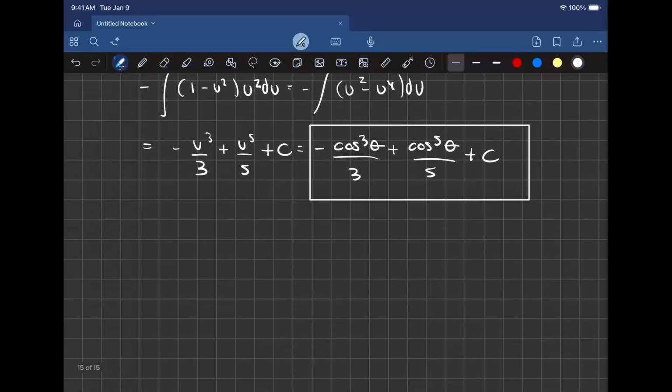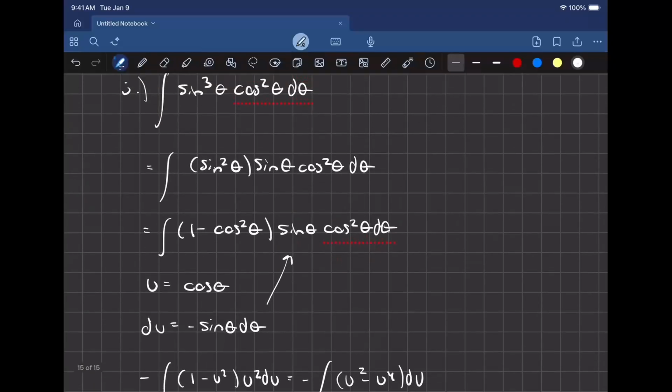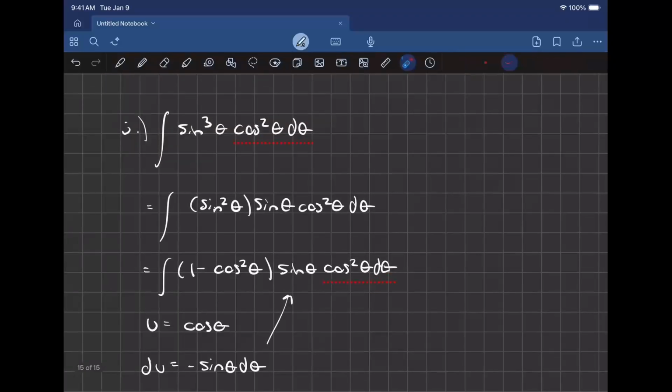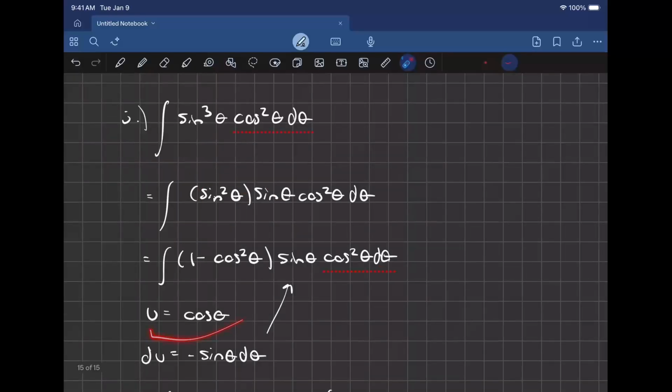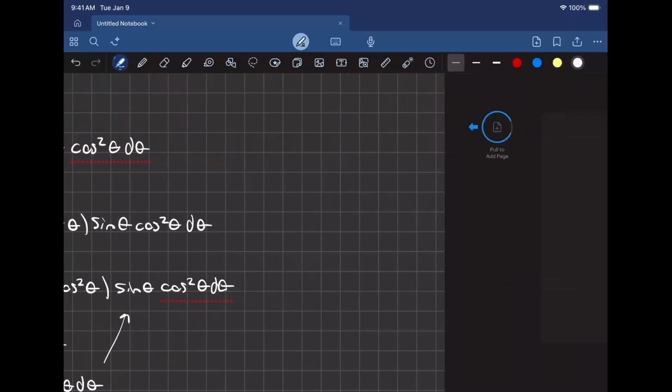And this is the solution to our integral. Pretty simple, just recognize odd power of sine means we manipulate sine and then let our u sub be cosine, and we use this reduction formula here. Okay, so that's letter J, so we're on to K now.